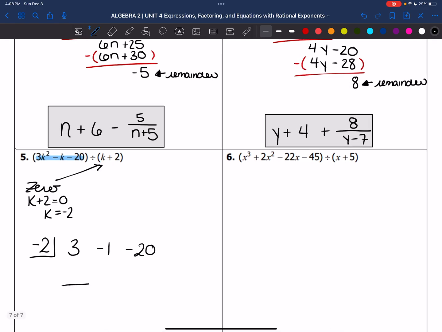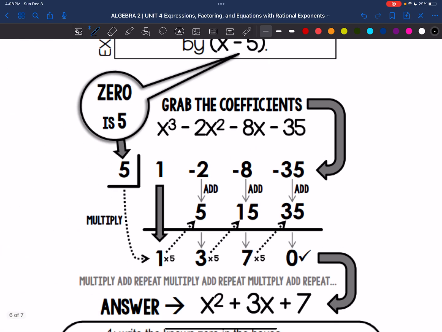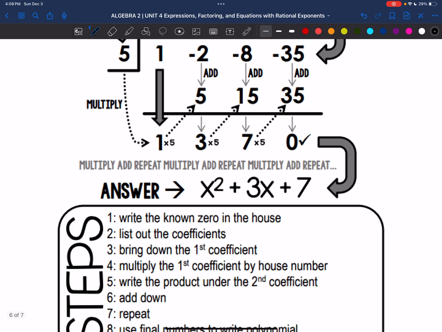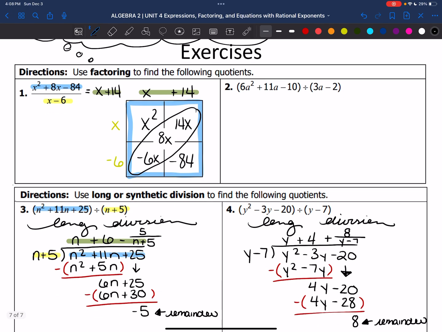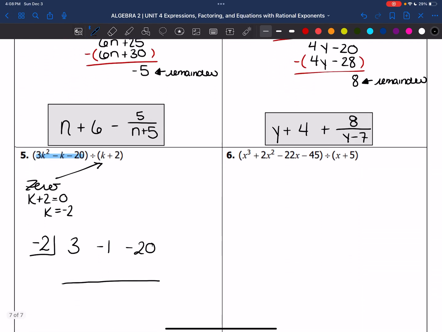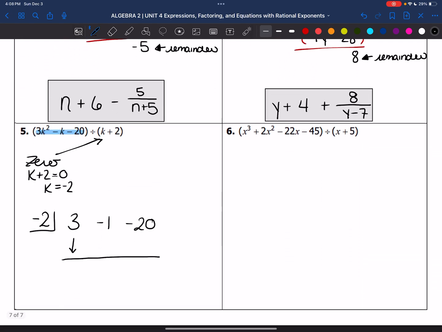Leave yourself a little space between where those coefficients are and where you draw that horizontal line, because now it's time for step number 3. Bring down that first coefficient. And then, like we do with long division, we're going to do a bit of multiplying.